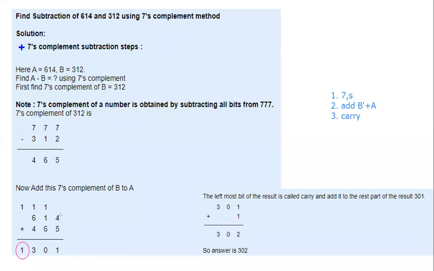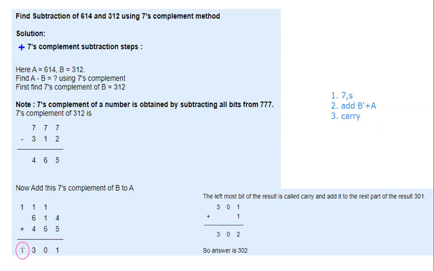Now adding 5 plus 4 is what? 9 in decimal, but in octal it will be 11. So it is 1 carry over here. 6 plus 1 is 7. 7 plus 1 is 10 in octal. So it is 0, 1 carry. 6 plus 4 is 10, 10 plus 1 is 11, and 11 will be 13 in octal. So 3, 1 carry.